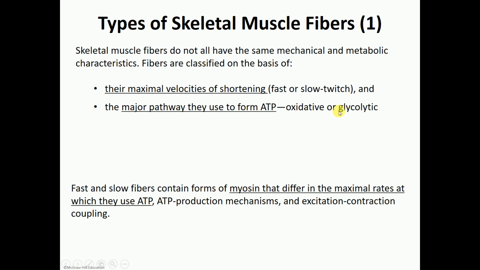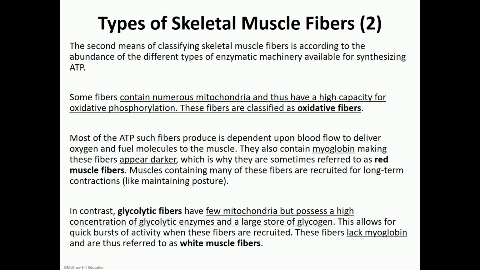So some are just going to use glycolysis through the cytoplasm, while others are going to use the oxidative process using mitochondria. So we have these three different kinds, and we'll talk about it in the next slide. But this slide right here.